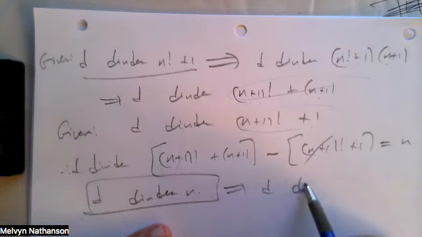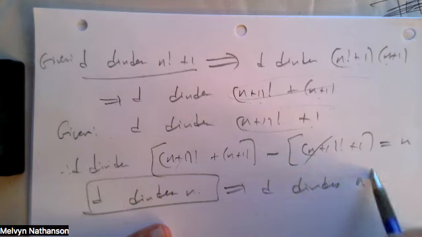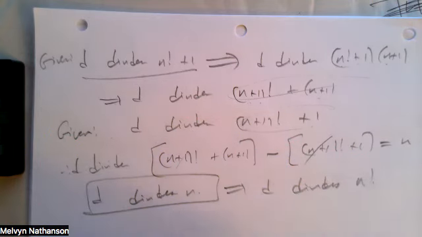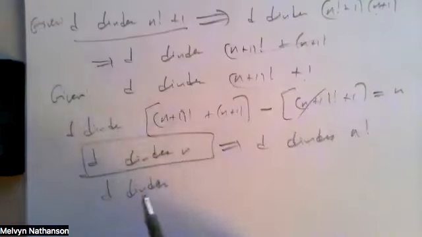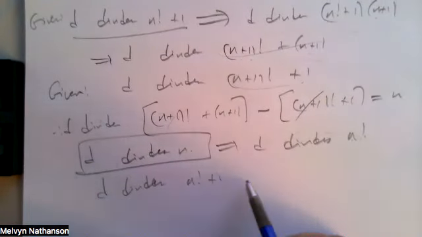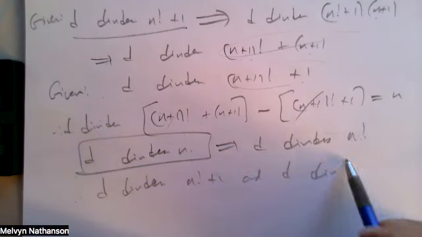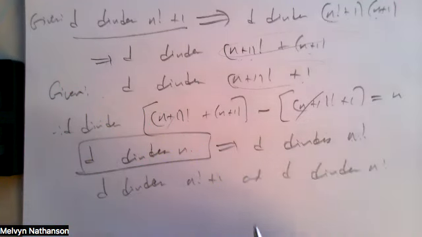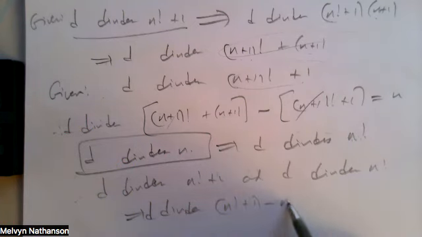So D certainly divides n!, because this is n times something. Therefore, D divides, it's given n! + 1, and D divides n!, so D divides their difference, which is 1.